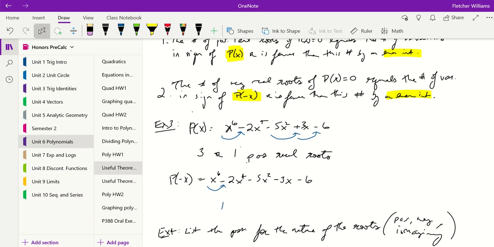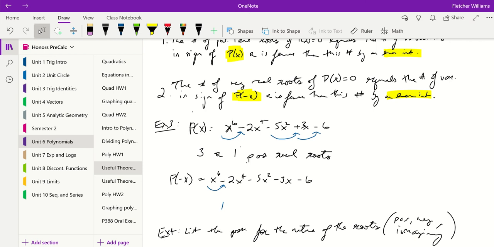This is how many possible positive real roots and negative real roots, so it doesn't say anything about the imaginary roots. Yep. For this one, if it has degree 6, there's got to be at least 6 roots. Some of them can be real, some of them can be imaginary.